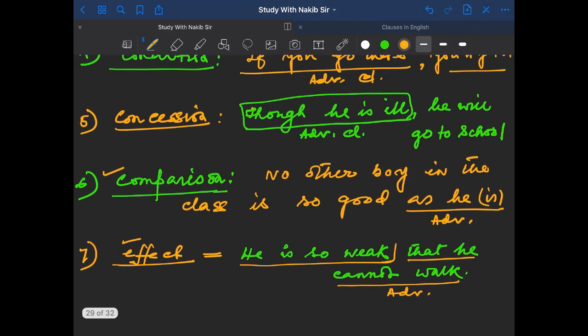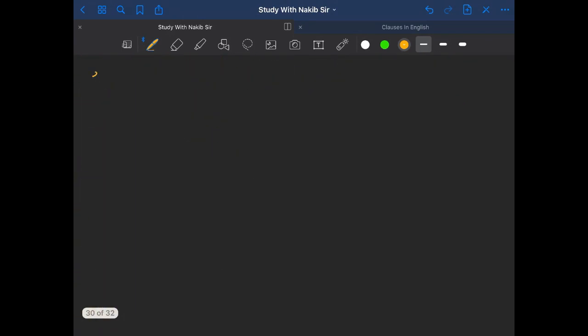Okay. And number 8. An adverb clause is the clause that indicates purpose. See the example.